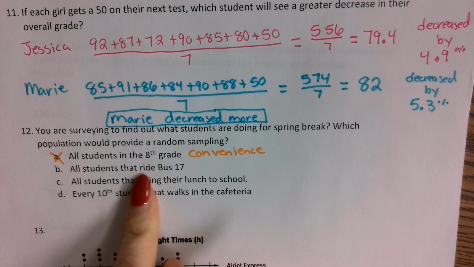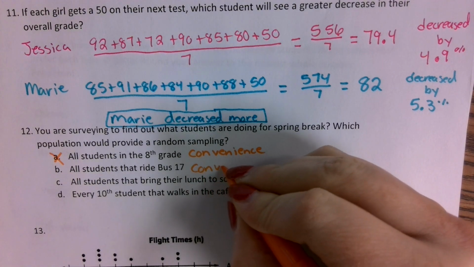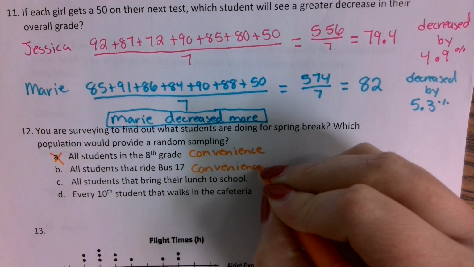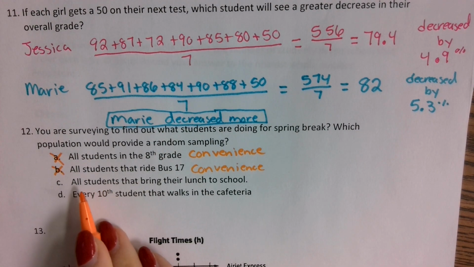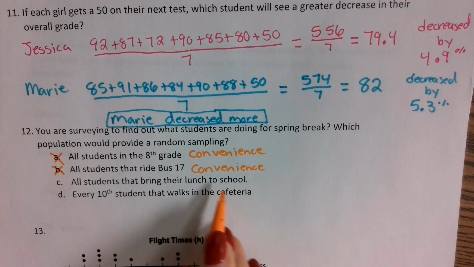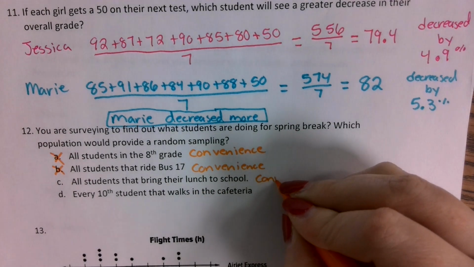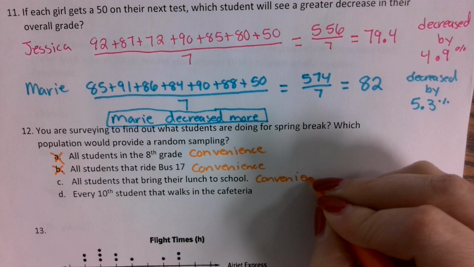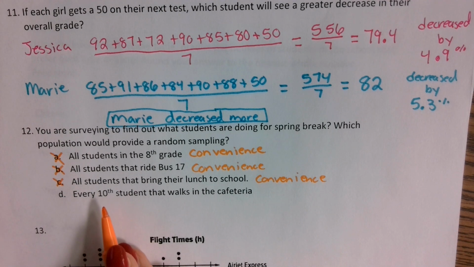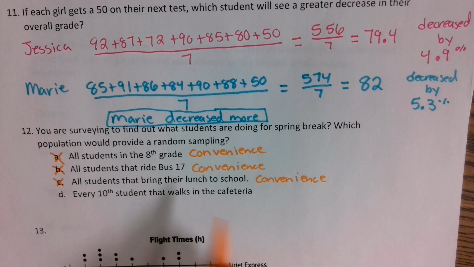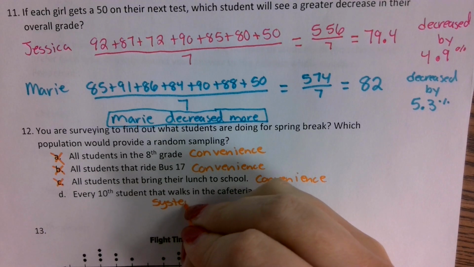If we survey all the students that ride bus 17, that is also a convenience survey. Not a good representation. All the students that bring their lunch to school. Again, we're focusing on just a single group. That is a convenience sample. Not a good representation. If we survey every 10th student that walks in the cafeteria, that is systematic random.